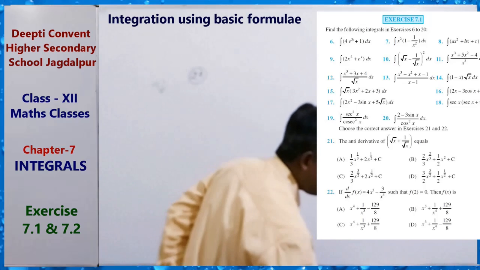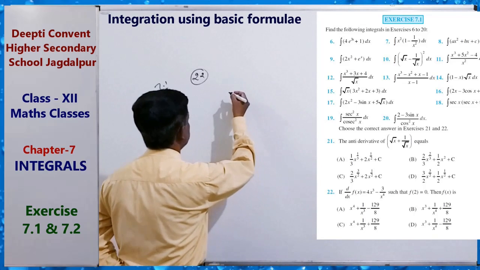d by dx of f(x) equals 4x cube minus 3 by x to the power 4.